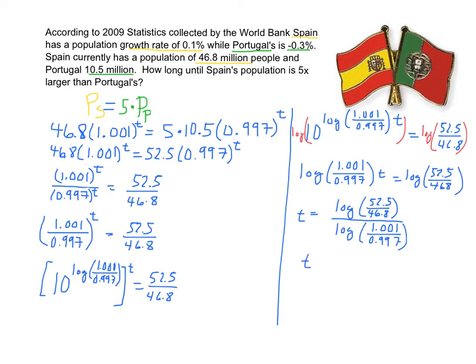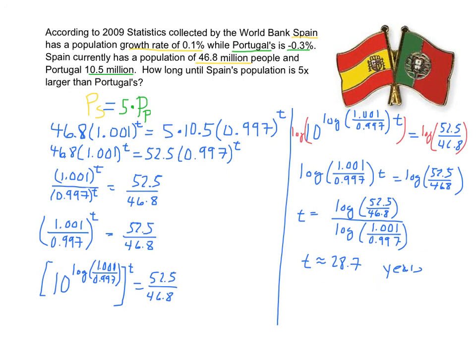And I'm seeing that t is approximately 28.7, so that's going to be 28.7 years, then from wherever this original reference point is for those two populations. As long as these growth rates stay constant, in 28.7 years, Spain's population is going to be 5 times larger than Portugal's.